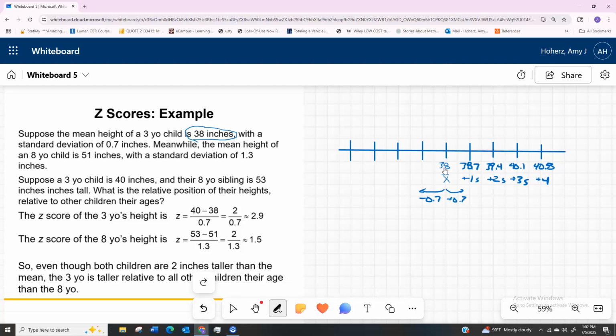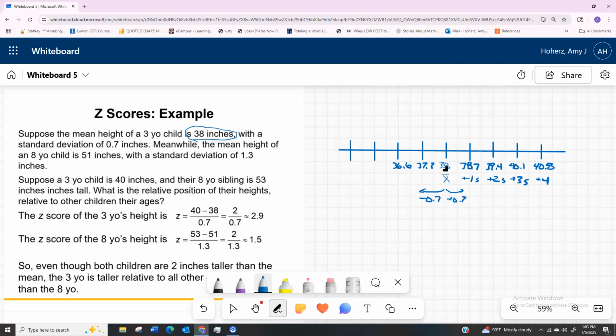So now let's go in the other direction, and if we subtract 0.7, we have 37.3, and if we subtract another 0.7, we have 36.6.